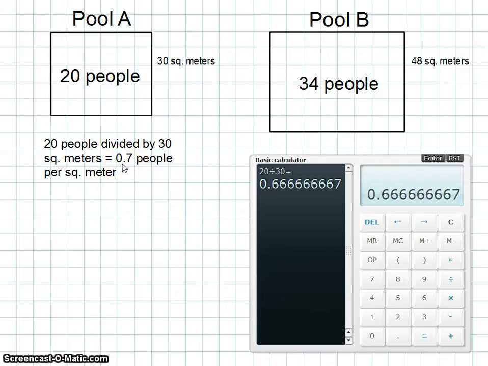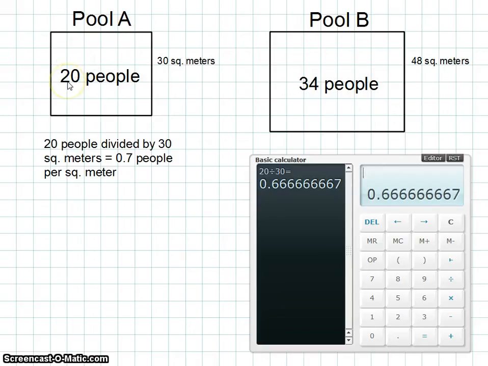We don't have enough people to place one person for each of the 30 square meters. If we place one person for each square meter, we need 30 people, because the area is 30 square meters.